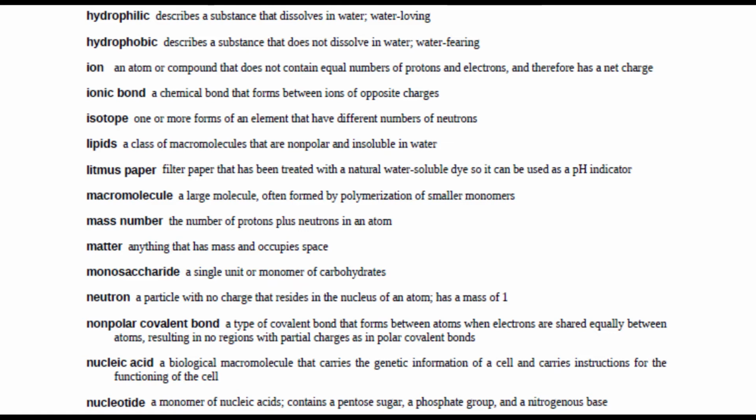Nucleic acid, a biological macromolecule that carries the genetic information of a cell and carries instructions for the functioning of the cell. Nucleotide, a monomer of nucleic acids, contains a pentose sugar, a phosphate group, and a nitrogenous base.